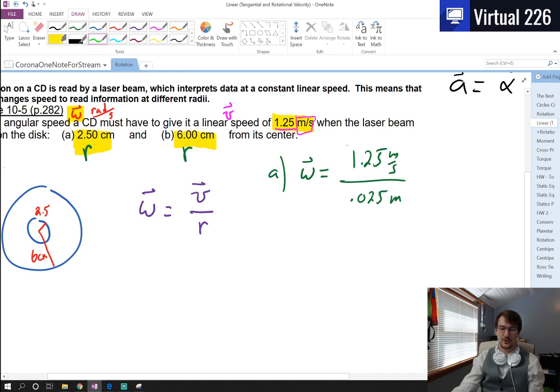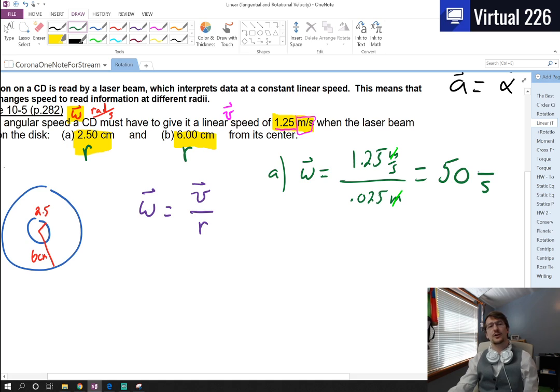We want those meters so that our meters divide out. On a calculator, 1.25 divided by 0.025 equals a nice even number, 50. If we look at the units, they look to be just nothing over seconds. But remember, radians aren't a physical unit, they're a placeholder. So these are radians per second.